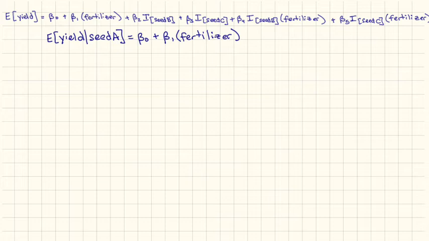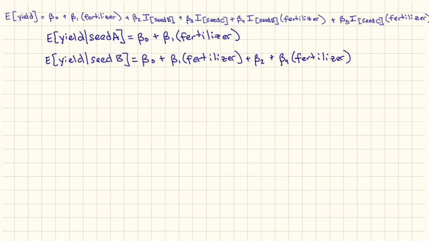Looking at how the model works, if we have seed A, you'll see that the coefficient for beta 2 goes away because that indicator for seed B is 0. The indicator for seed C is 0. So all the terms disappear except for the beta naught and beta 1. So the slope for seed A is beta 1 and the intercept for seed A is beta naught.